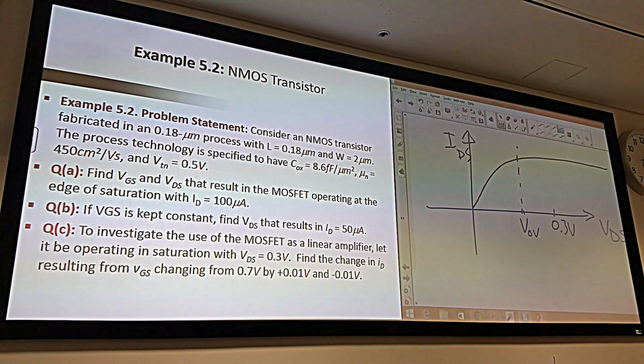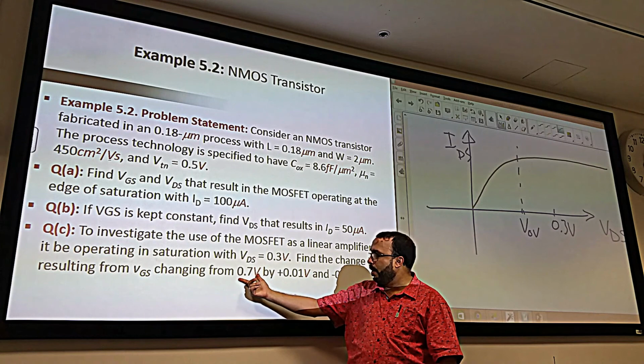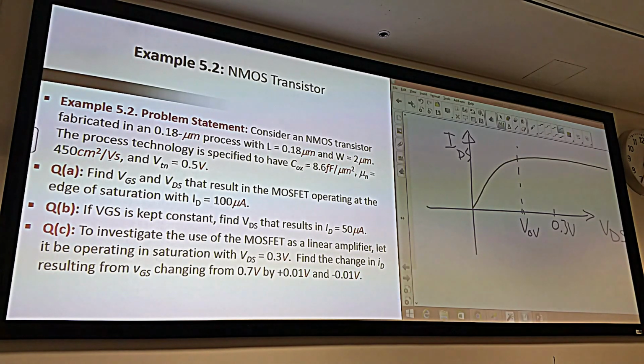We are trying just to see how to answer this question. Very good, excellent. So what do we do? The question is, we are going to change VGS, yes or no? From this by this and this. If we change VGS, what happens? The curve has to change, yes or no?